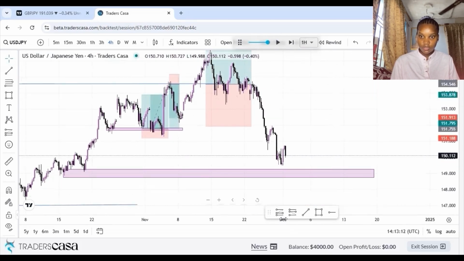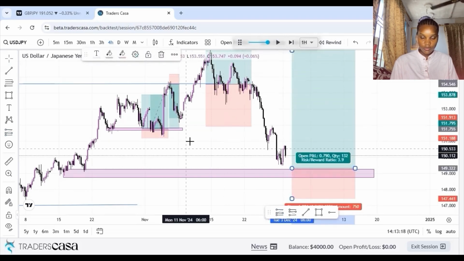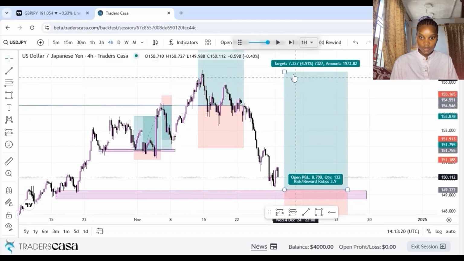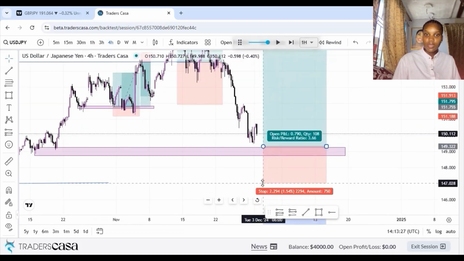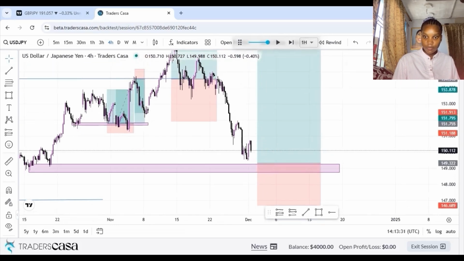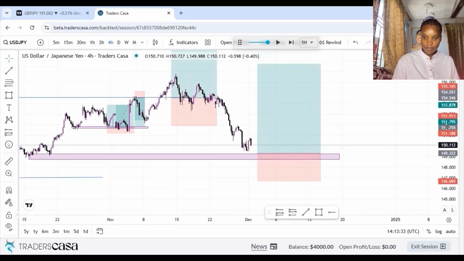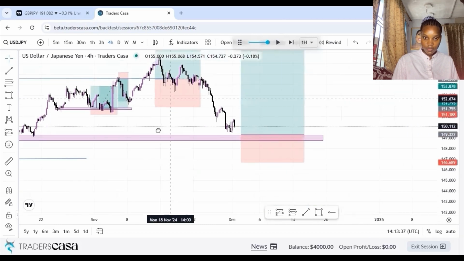So let me put my buy limit there. I will not do too much. I'll just buy to this point, then make it about 30 pips stop loss or 26 pips stop loss. So this is okay.